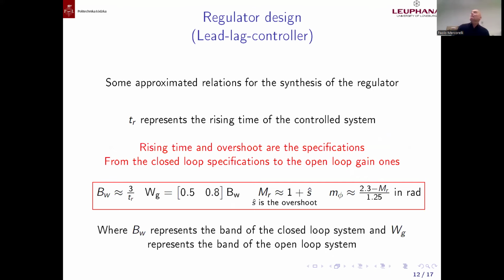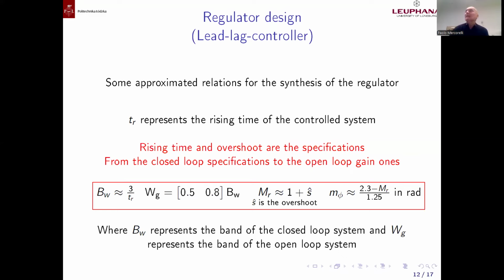Look, this part, I hope to be more precise if I have a little bit more time at the end. We can see in the middle, at most at the end of the slide, an approximating equation.